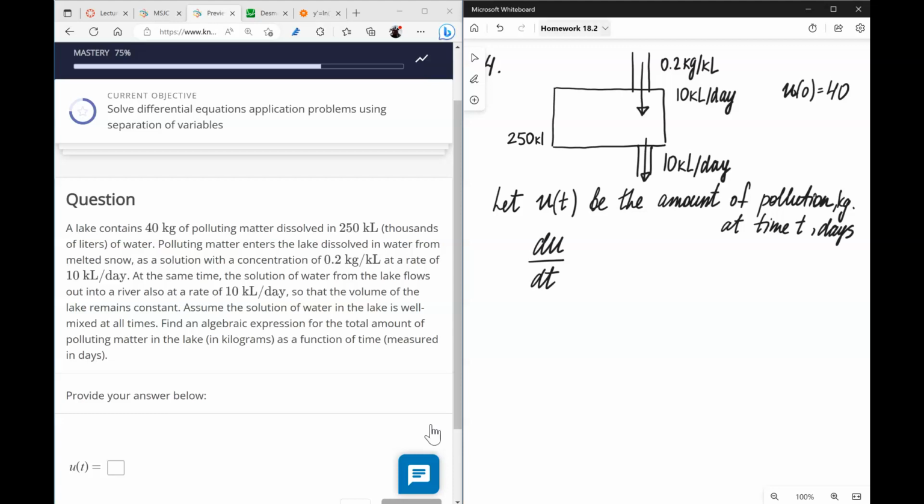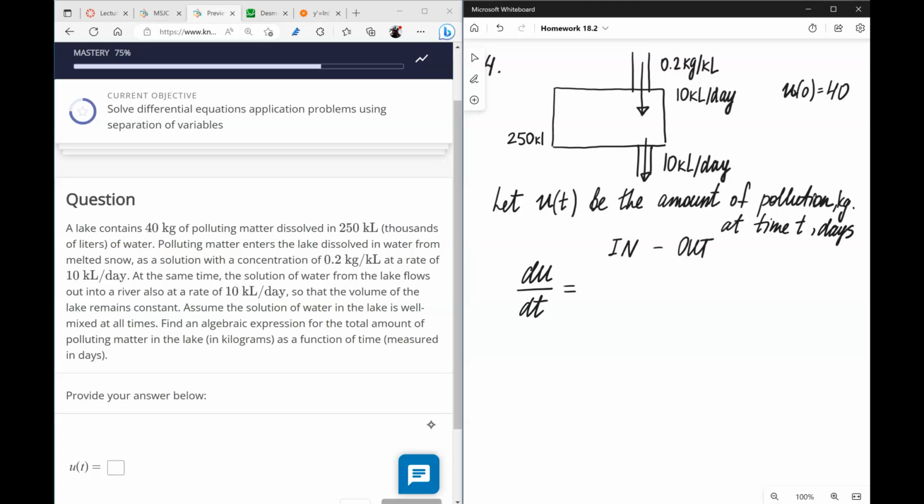So we're considering du dt, which is the rate of change of the polluting matter in the lake. The rate of change of the polluting matter in the lake is computed by how much of it comes in minus how much of it comes out. So it's the rate of the polluting matter coming in minus the rate of the polluting matter coming out.